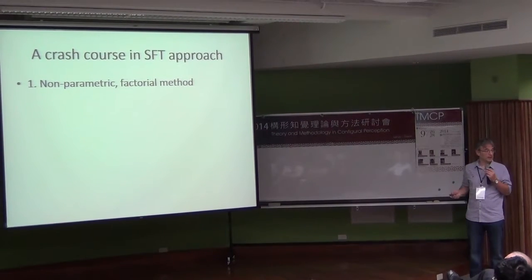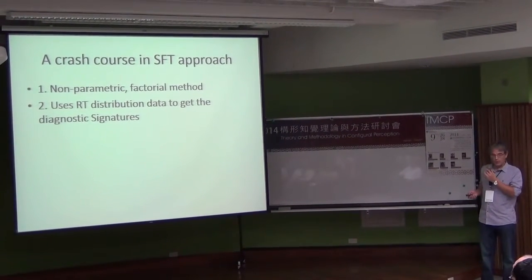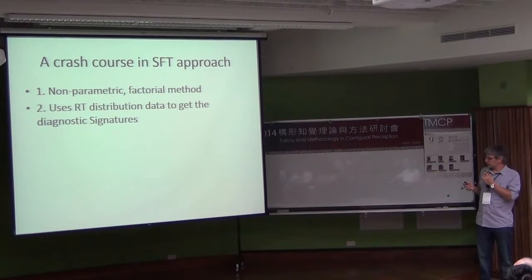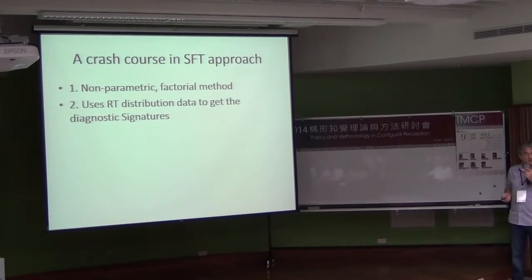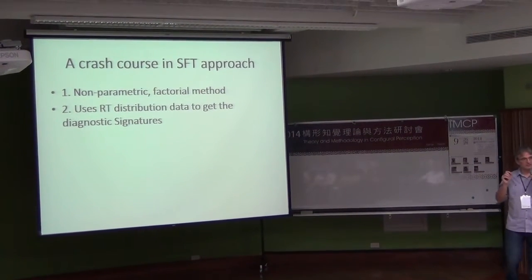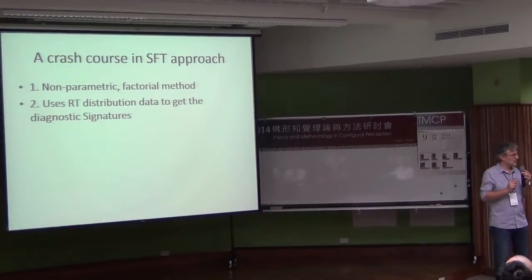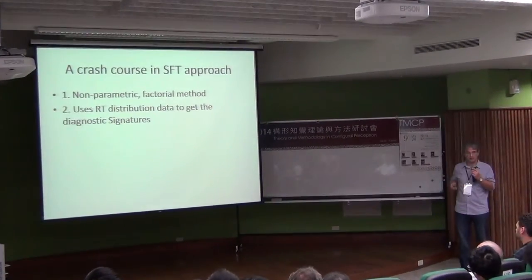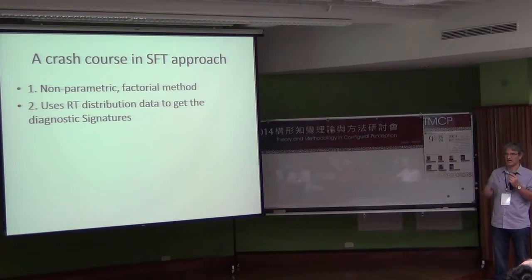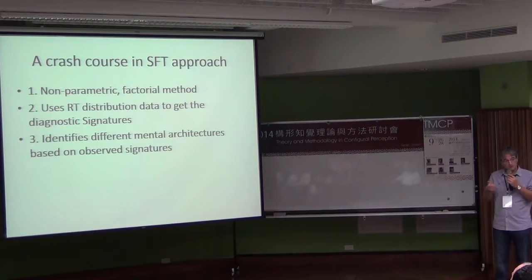We have factorial manipulations, such as you have in ANOVA research designs. Well, we'll talk about that later. We use reaction time distributions. Instead of model parameters and testing the models, we are looking for the signatures of certain types of mental architectures. So have in mind these signatures. That is the aim of our SFT analysis. And we try to identify different mental architectures based on these observed signatures. That's very simple, right?